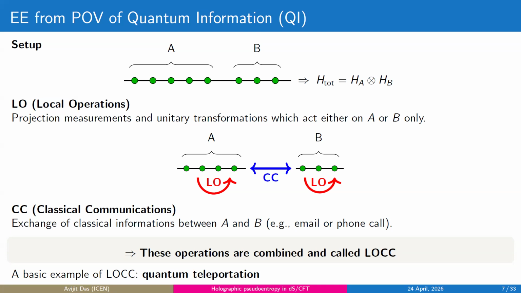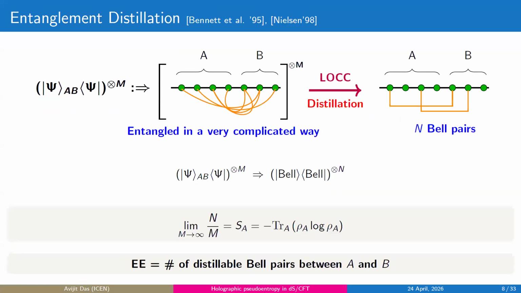So you do some measurement in A and you call and inform B about the outcome of this result by classical communication. Altogether, this is called LOCC, local operation and classical communication. One of the basic examples of this is quantum teleportation. Using this technique, you can do quantum teleportation. Why am I telling this? Because I will use this for the next slide.